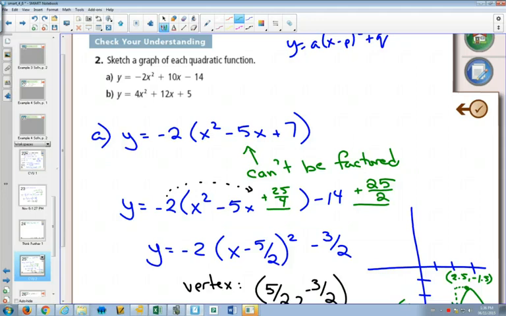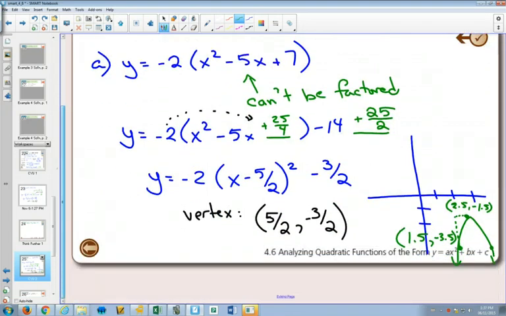Can you see from my original equation, if I plugged in 0 for x, I'd get negative 14? And so that tells me that down here, if I extend this down here at negative 14, woo, perfect parabola, my graph is going to go through there.